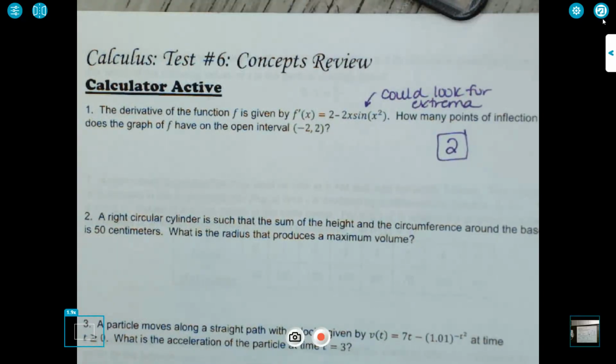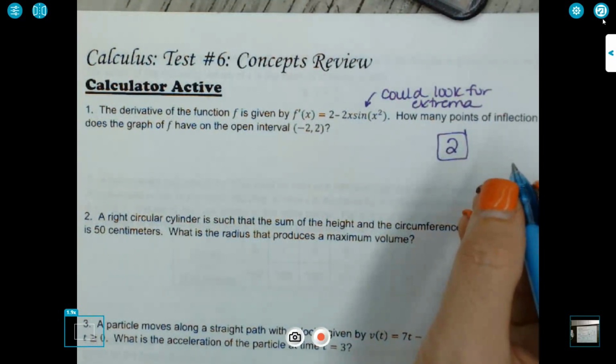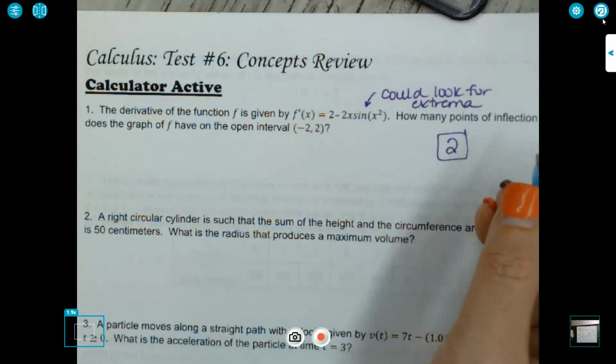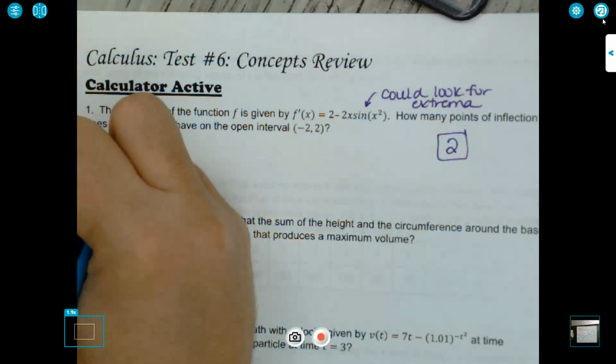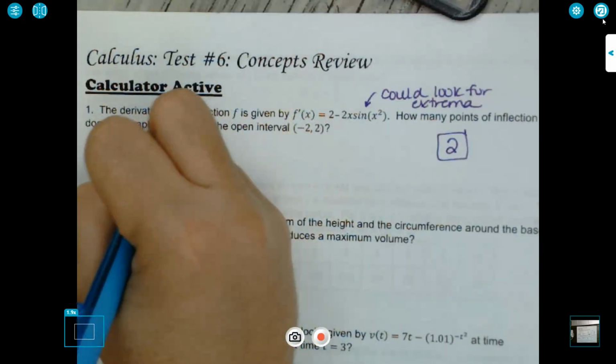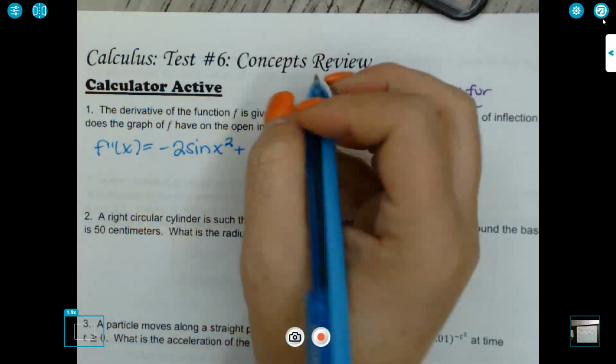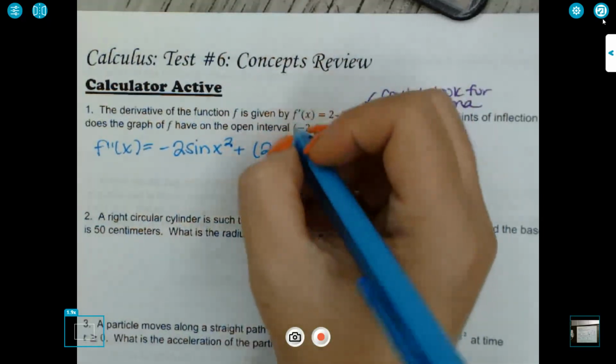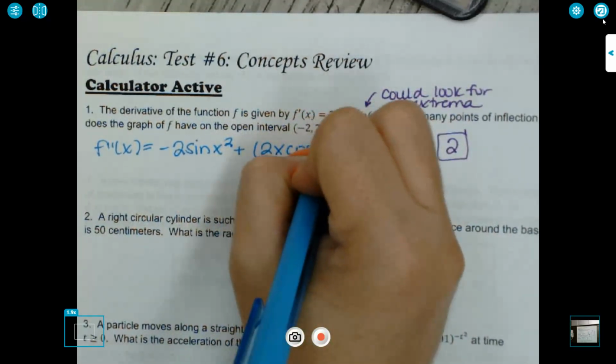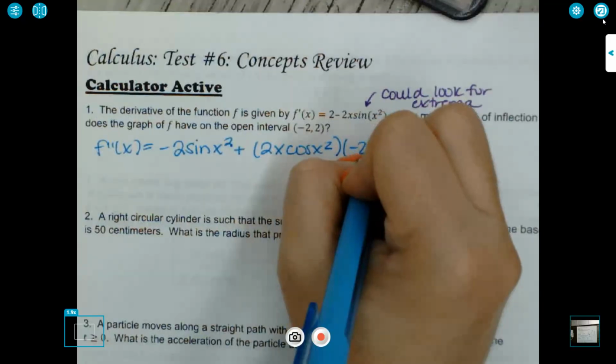You could have also done it where we take the derivative. Okay, and if I take the derivative here, so that means f double prime of x would be -2 sine x squared plus 2x cosine x squared times -2x.